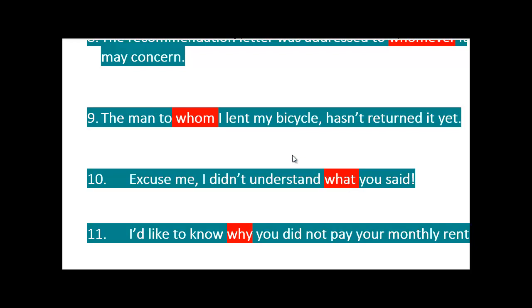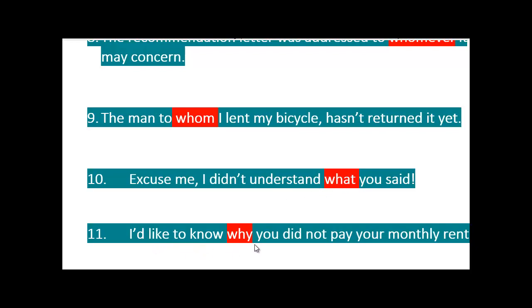What is not asking, it's describing the word that was said by someone. So, excuse me, I didn't understand what you said. It's not a question here. So here what is used as a relative pronoun, not as interrogative. So we don't need to use that. That's just an example for how what works.